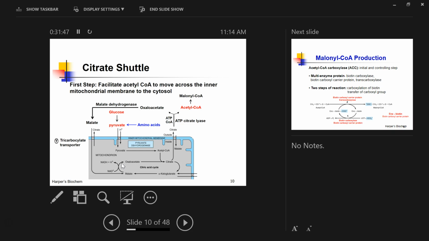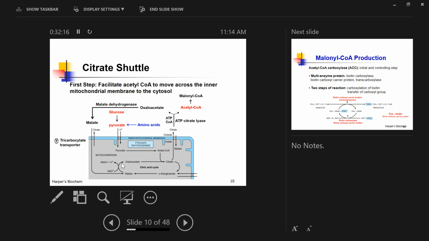So again, the purpose of the citrate shuttle is to facilitate acetyl-CoA moving across the inner mitochondrial membrane to the cytosol, right? In general, the citrate's purpose is to move acetyl-CoA to the cytosol, but the real molecule that moves out of the mitochondria is citrate.